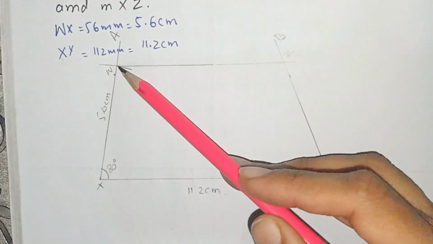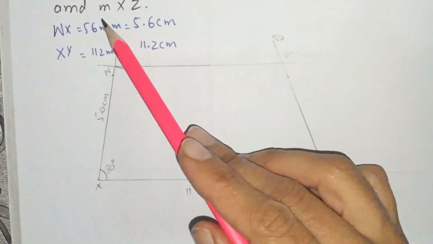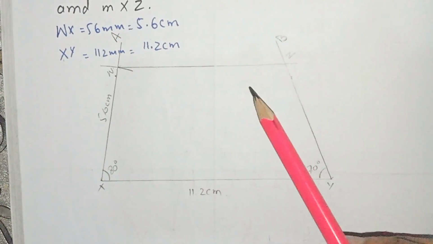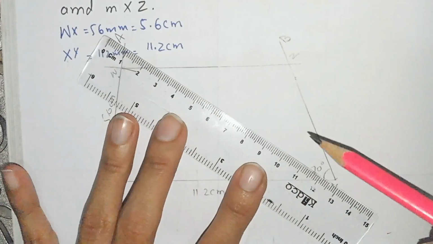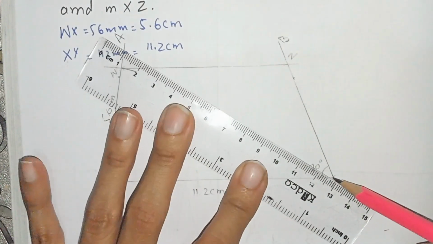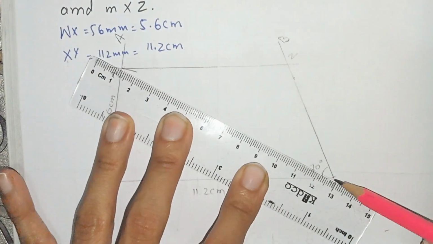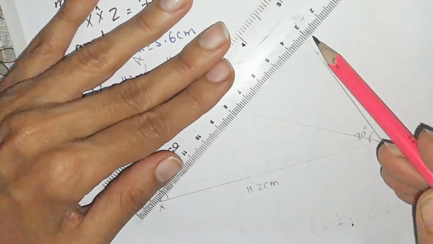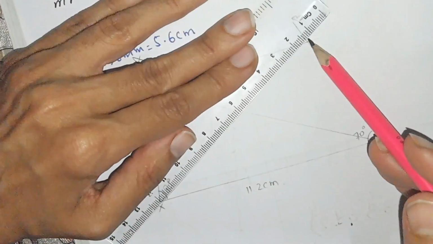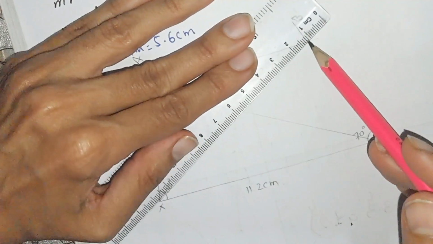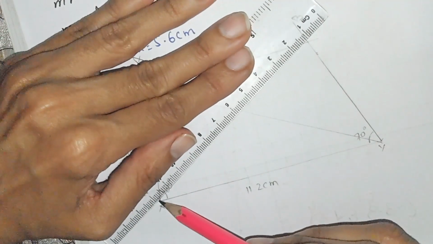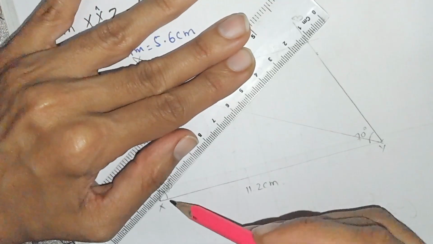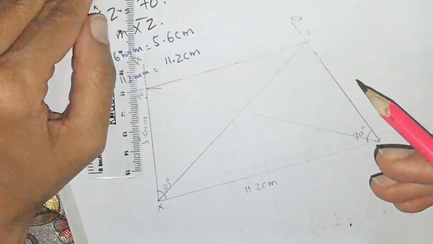Now we have to measure the line WY, this line, and XZ, this line. First draw the line, then we have to measure it. This line, and this line.